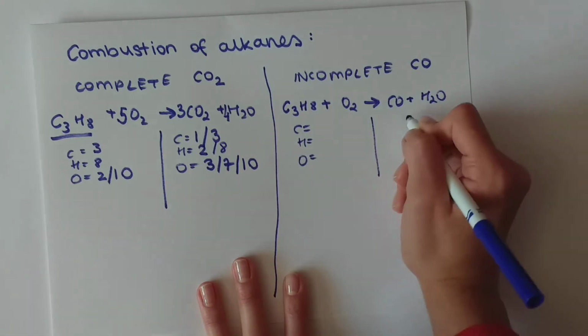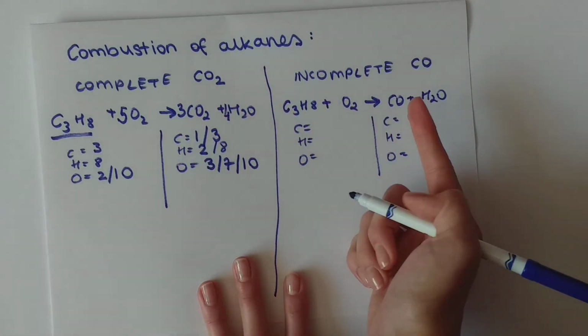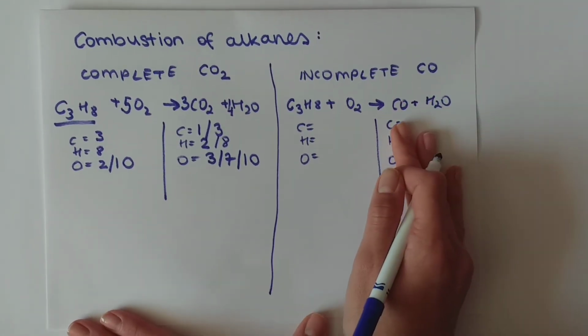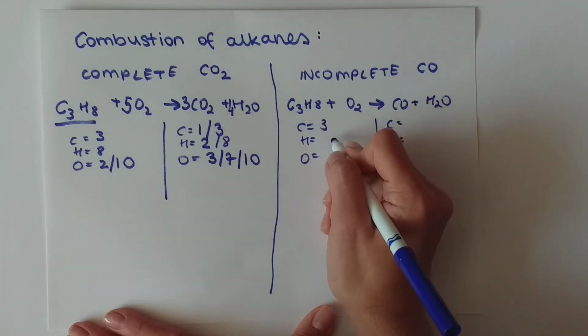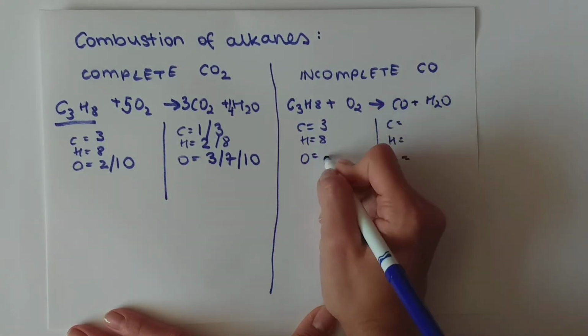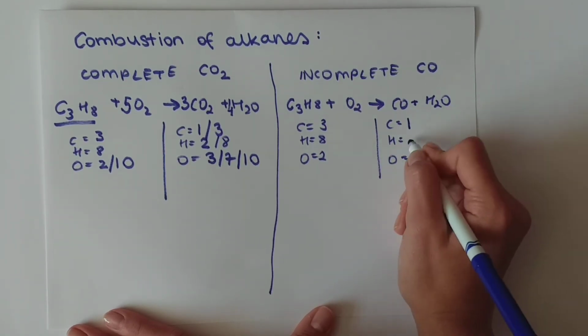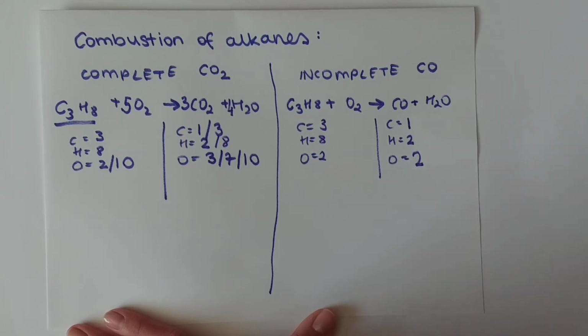As you probably realize, the balancing numbers won't be the same because we have one less oxygen on the right-hand side in this incomplete combustion. Therefore, we have 3 carbons, 8 hydrogens, and 2 oxygens. On this side, we still have 1 carbon, 2 hydrogens, however, we also have 2 oxygens.